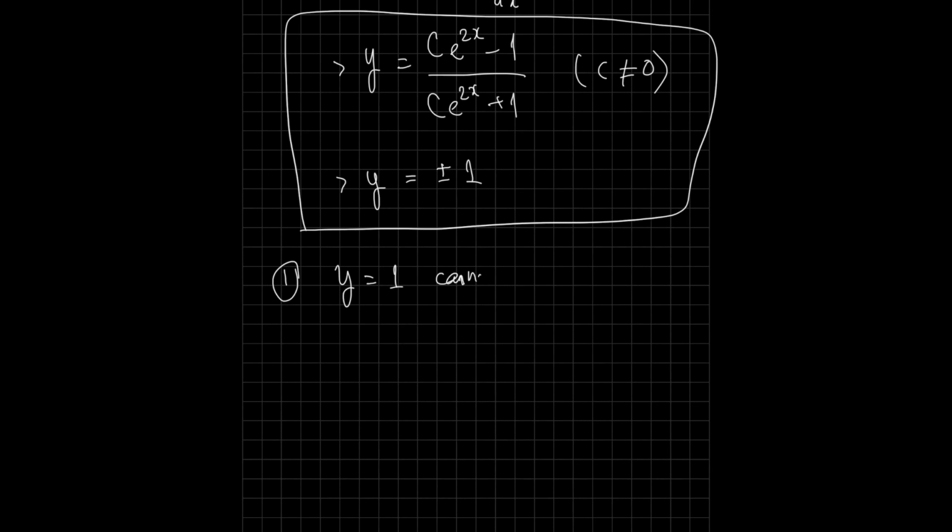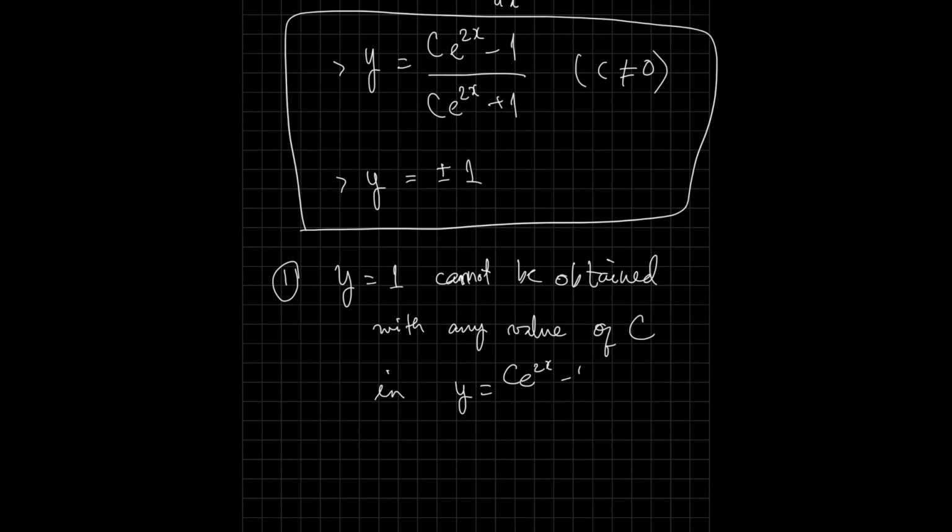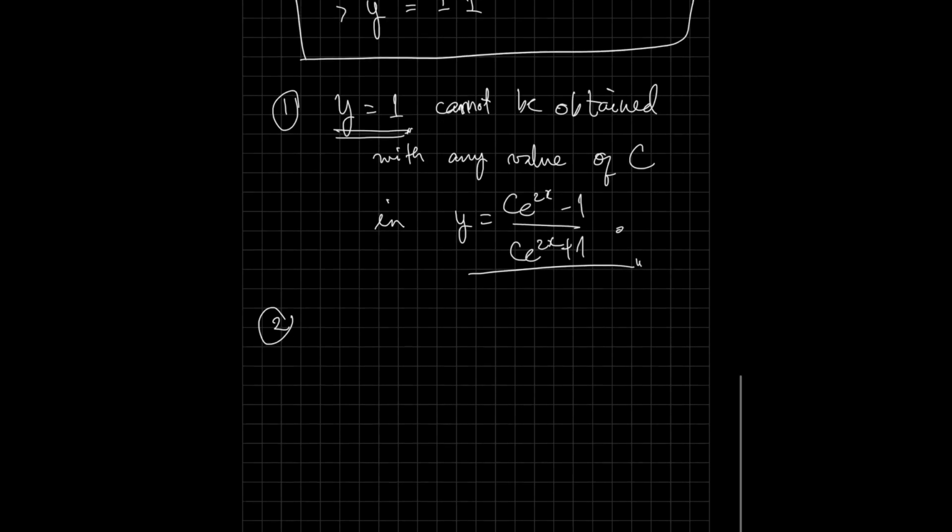So y equals 1 cannot be obtained with any value of c in y equals (c e to the 2x minus 1) over (c e to the 2x plus 1). So whatever value of c you choose, you're not going to get y equals 1. So that has to be stated separately as a solution.